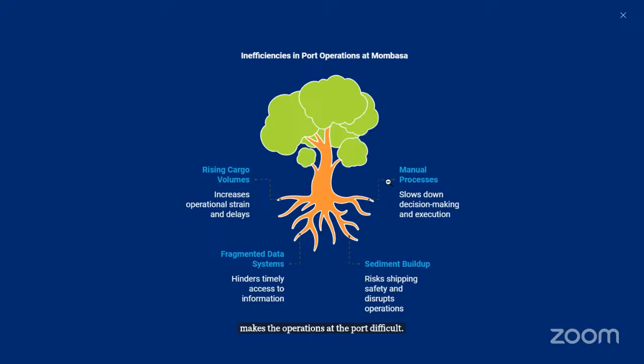In addition to this, we also have sediment accumulation in the marine waterways, which threatens the safety in the navigation of ships and thereby disrupts operations. And without timely inspections of all these aspects that I've mentioned, these issues will worsen, making navigation riskier and operations inefficient.